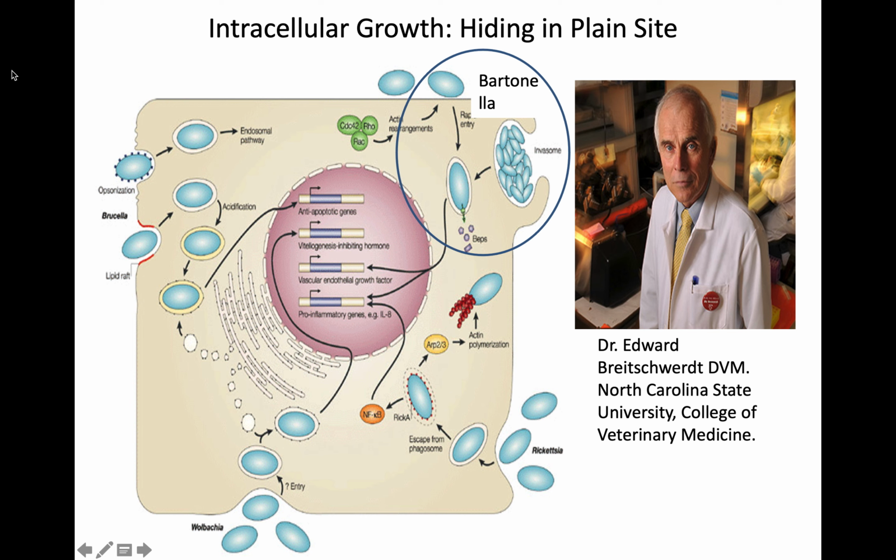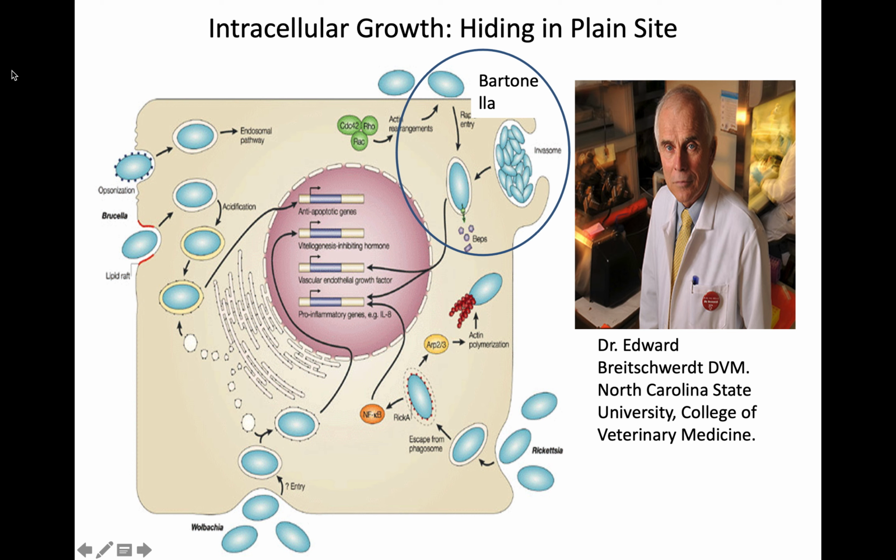In this picture, we have four species of Bartonella that are infecting a host cell. Even though they belong to the Bartonella genus, they infect the host cell in different ways. We've got Bartonella henselae, up in the circle, which infects either singly, as a single bacterium taken into the host cell, or a bundle of them may be taken in.